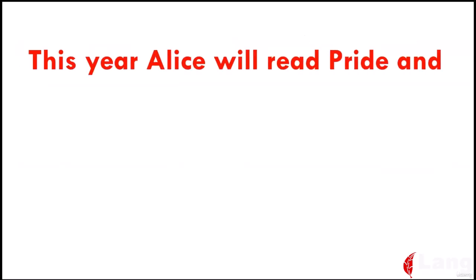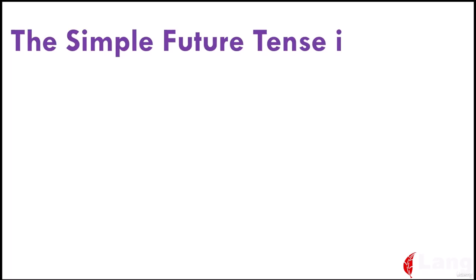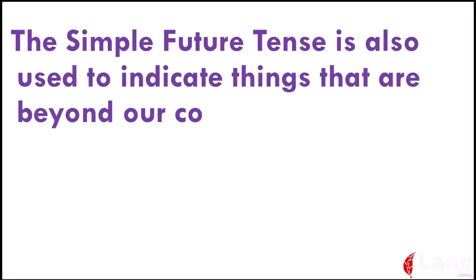This year, Alice will read Pride and Prejudice by Jane Austen. The simple future tense is also used to indicate things that are beyond our control.